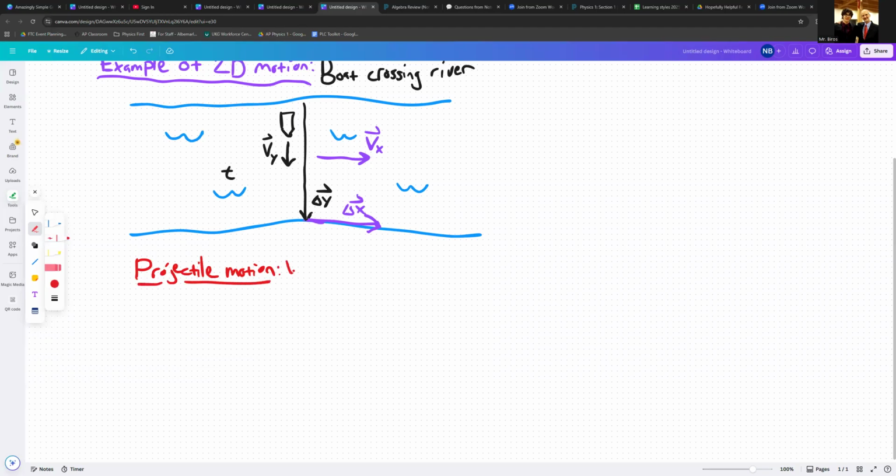Projectile motion occurs when an object, which is usually launched or thrown, from some height above the ground.